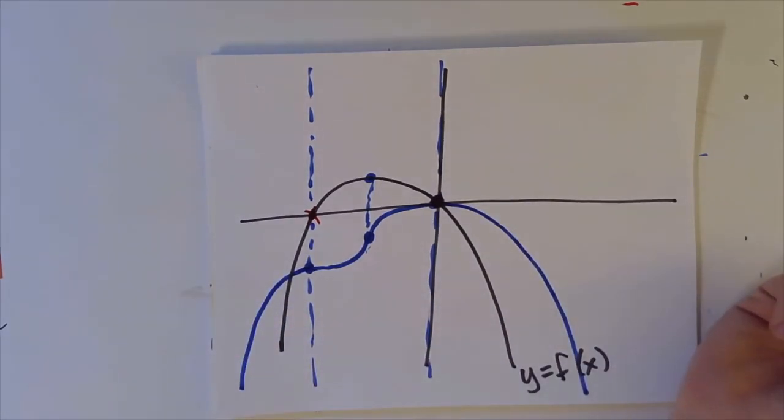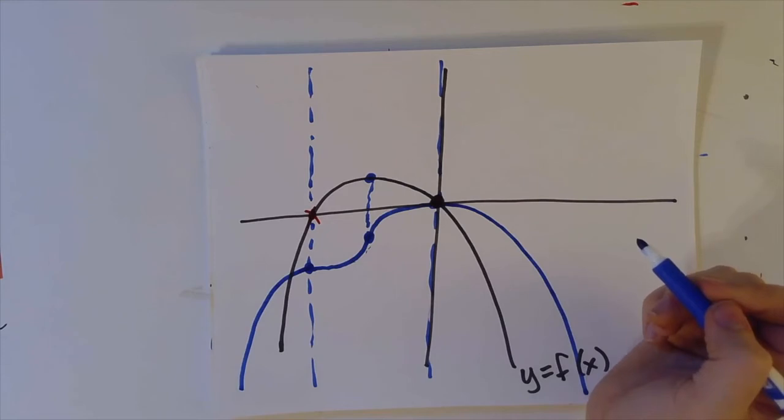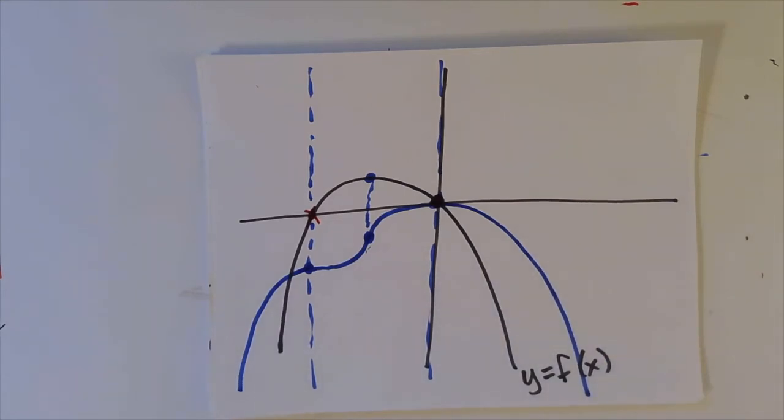And that is a graph of our derivative. Okay. Sorry, that's a graph of our antiderivative.